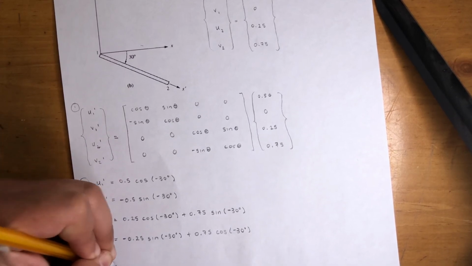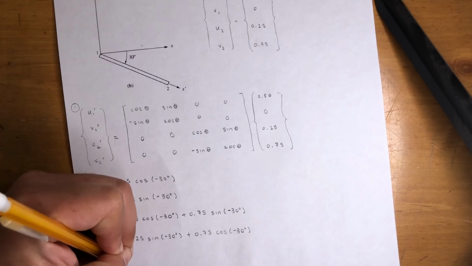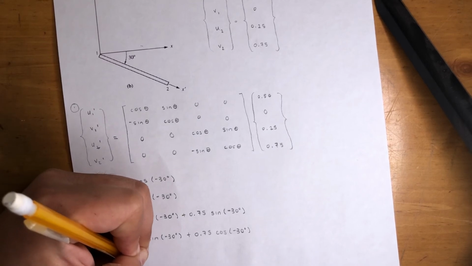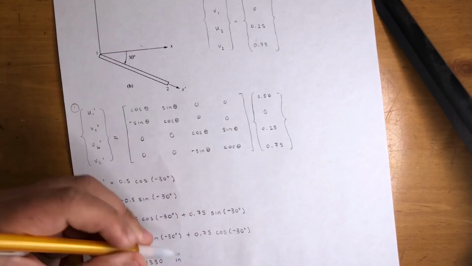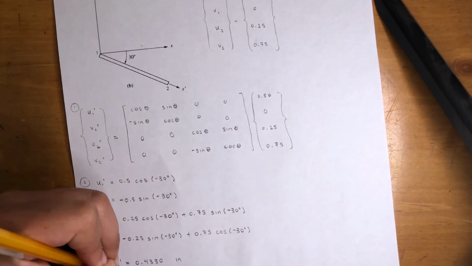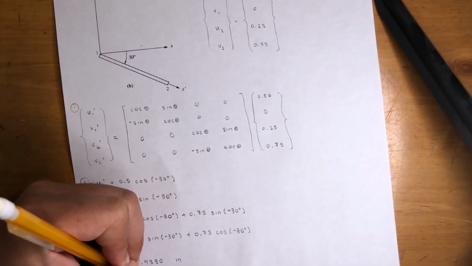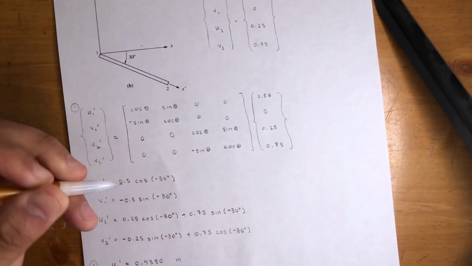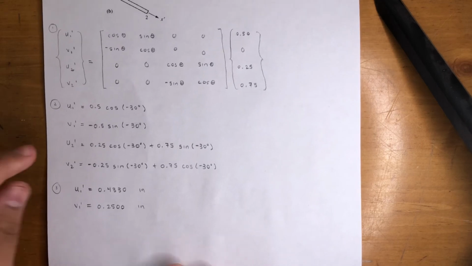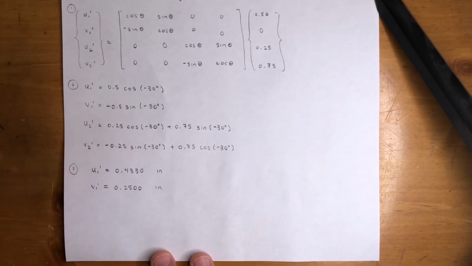So finally, step 3, U1 prime is going to be equal to 0.4330 inches. V1 prime is going to be equal to 0.25 inches. Let me move it up in case you couldn't see.